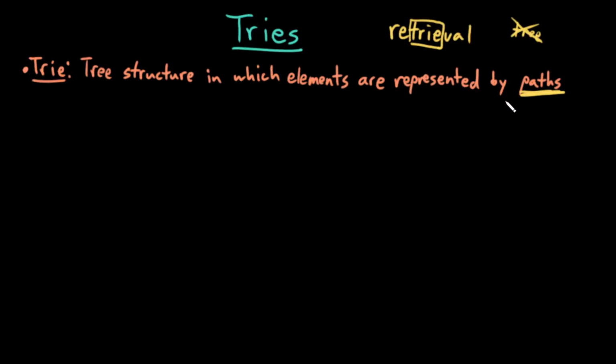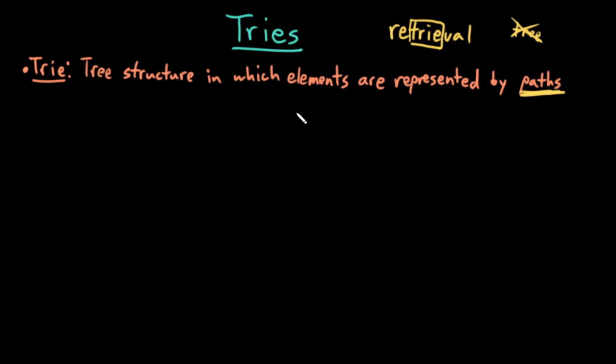To help show you this, I'm going to show a binary trie. Just like a binary tree, where every node has up to 2 children, a binary trie is a trie that is binary. So let's draw an example.